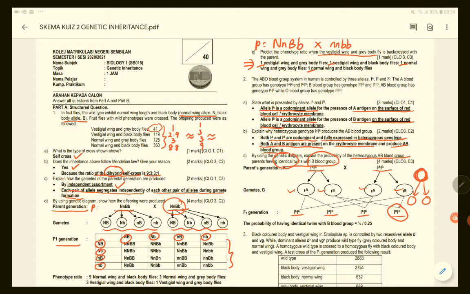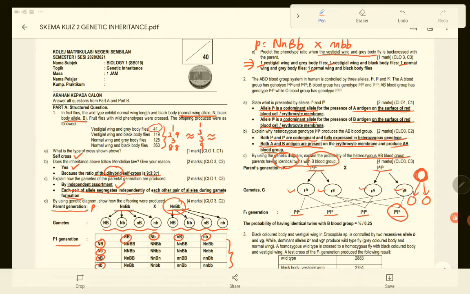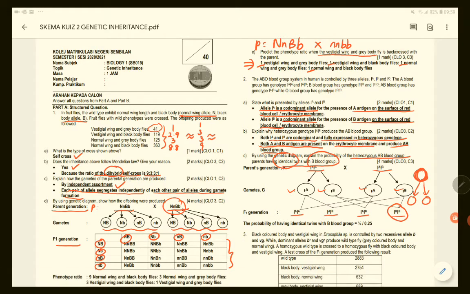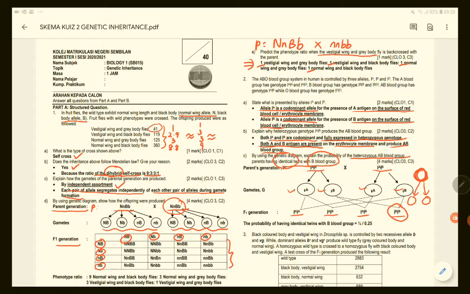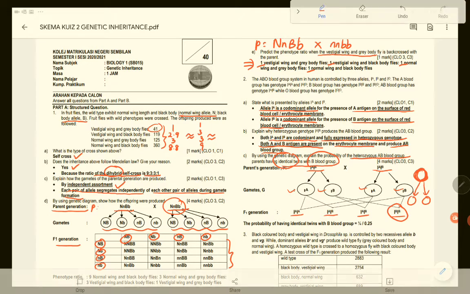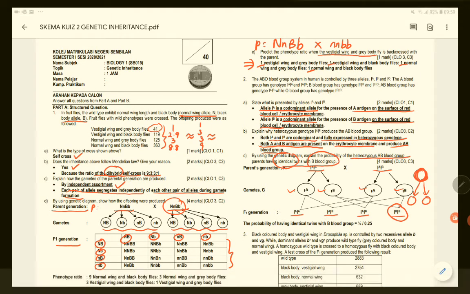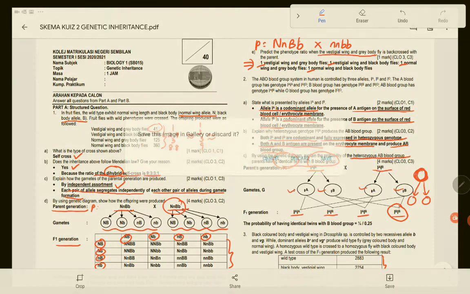A test cross produces the following results: 2883, 2754, 632, 689. So it is obvious that the wild type and the black body vestigial wing have a larger group of numbers. The other two have smaller groups of numbers.